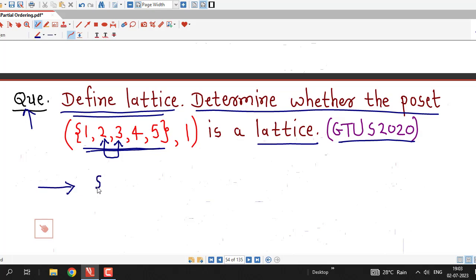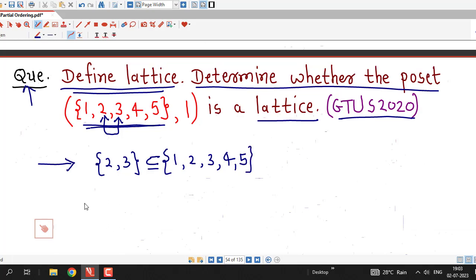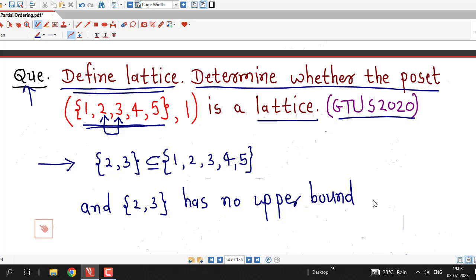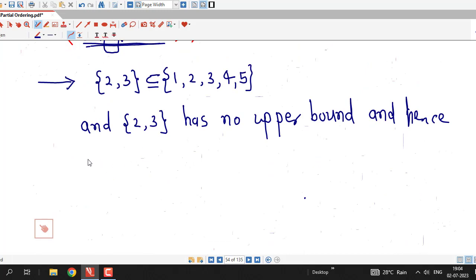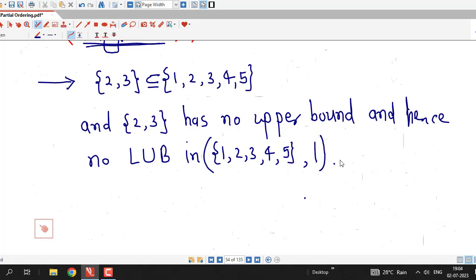So we can write that the subset {2, 3} is a subset of {1, 2, 3, 4, 5}, and {2, 3} has no upper bound, and hence no least upper bound, in the given partially ordered set {1, 2, 3, 4, 5} with the divisibility relation.